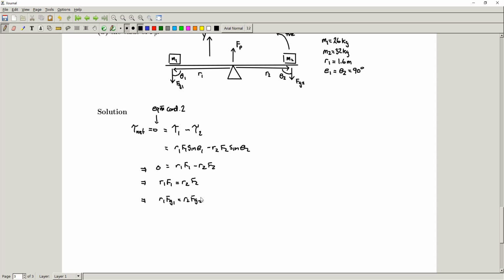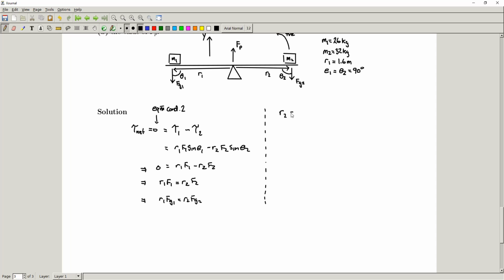And what are we looking for here? We know what Fg1 and Fg2 will be. We know the mass, and that's just going to be mg, right? And we know what R1 is, so we need to find R2. So maybe I will not waste the rest of this page, and I'll shift over to here. We can then isolate R2.